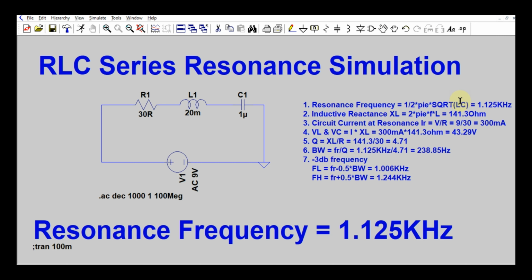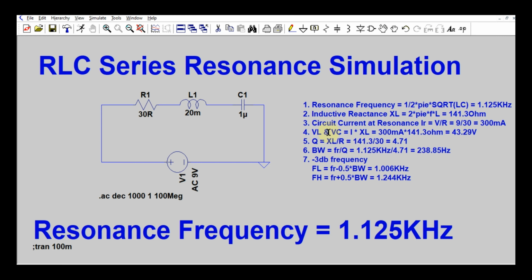Okay. So my next parameter is voltage across inductor and voltage across capacitor. Basically the voltage across inductor and the voltage across capacitor would be the same in magnitude but opposite in polarity. I will show you in the simulation how they are cancelling each other at resonance.